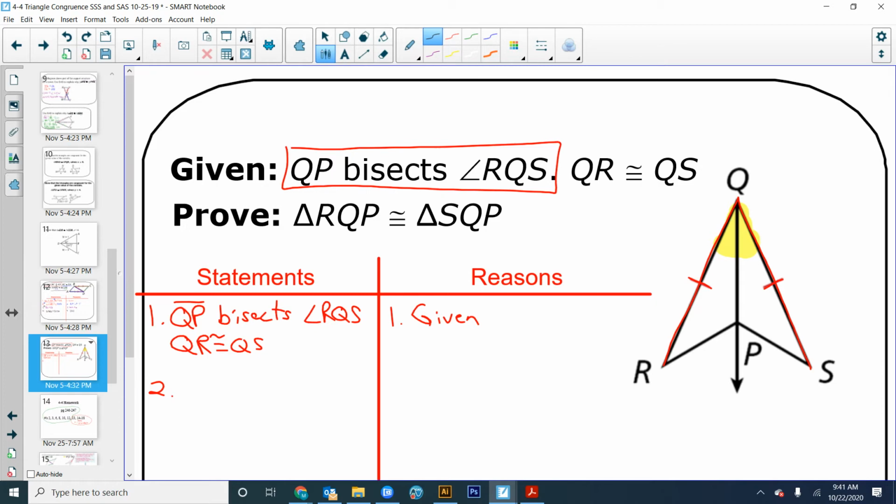So don't ever, listen to me carefully, when you're bisecting an angle, don't ever tell me you get 2 congruent segments because of it. That's like cutting a piece of cake in half and getting 2 equal pieces of knife. That doesn't make any sense. You cut the cake in half, you get 2 pieces of cake. You cut an angle in half, you get 2 equal angles.